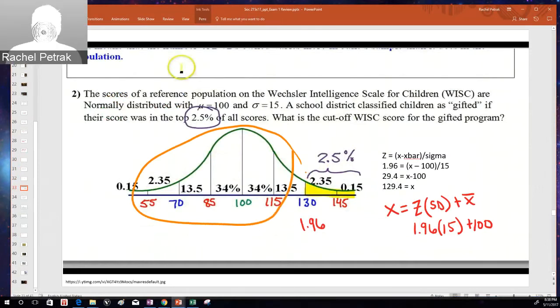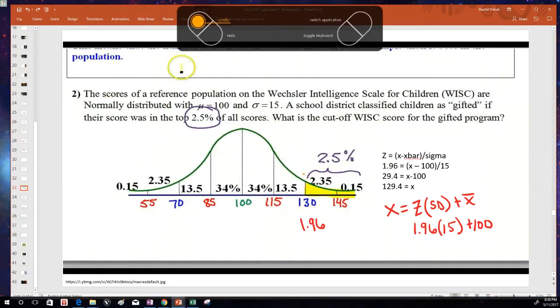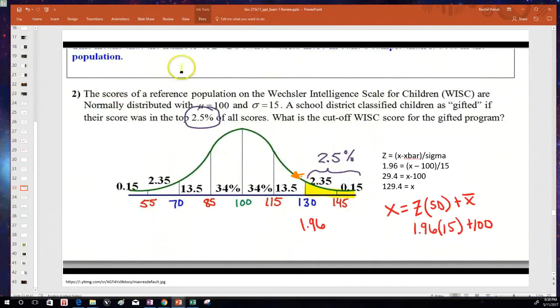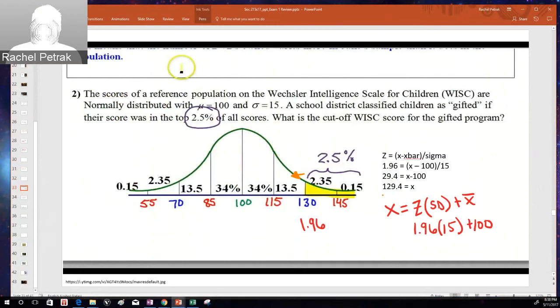As in below 130. 97.5. Exactly. So that makes 130, or specifically 129.4.